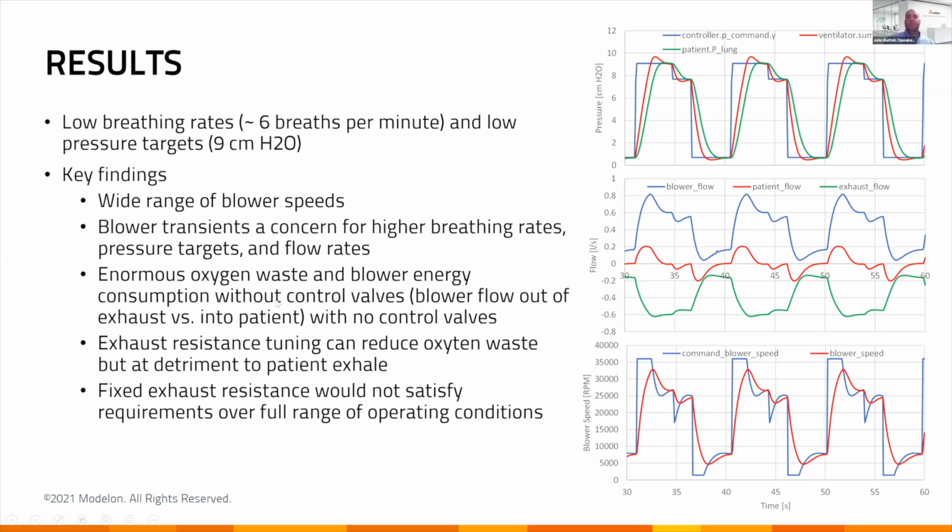In addition, there's enormous oxygen waste and blower energy consumption without control valves. You blow a ton of stuff straight from the blower out the exhaust that doesn't go into the patient. You can tune that with the exhaust resistance to reduce that waste, but then you make the patient exhale more difficult. And a fixed resistance would not satisfy the requirements over a full range of operating conditions.